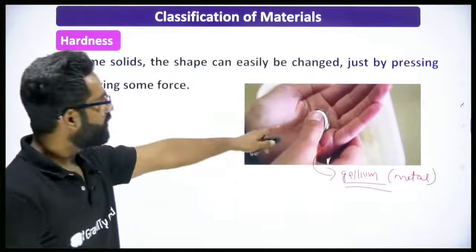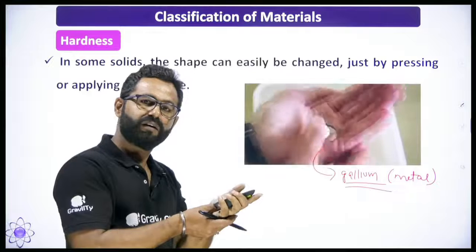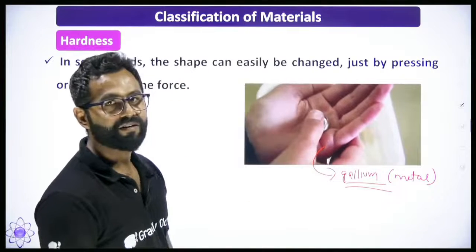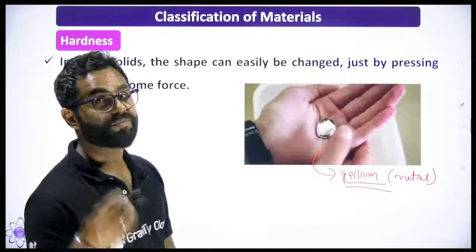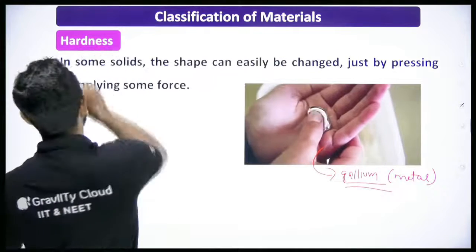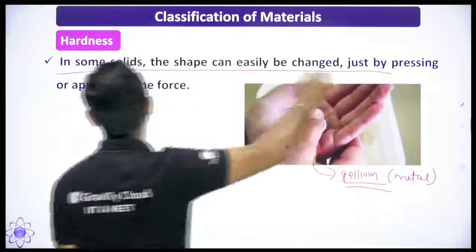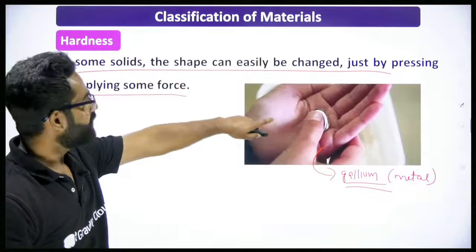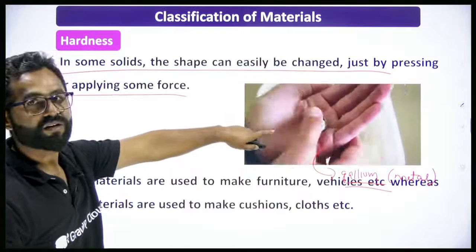But if you see here, I am just pressing it from the top and its shape is changing, right? That means in some solids the shape can easily be changed by just applying force. It is the example of that point, right?